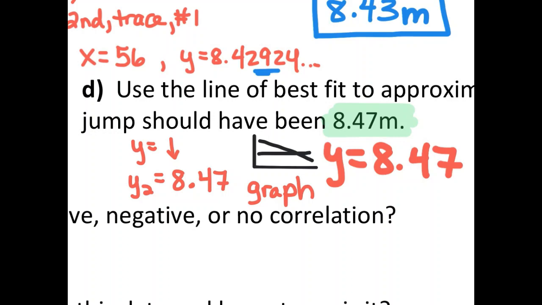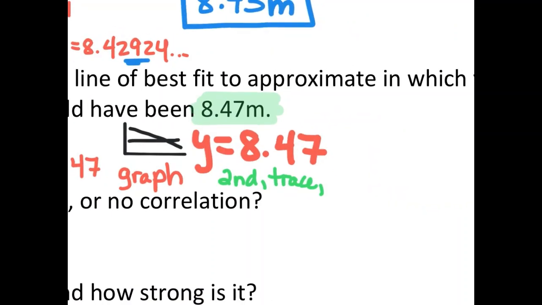The next thing that you want to do here is press second trace, and then you want number 5 for intersect. So second trace 5, and then you want to press enter 3 times. So enter 3 times.